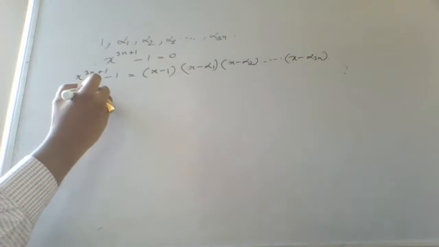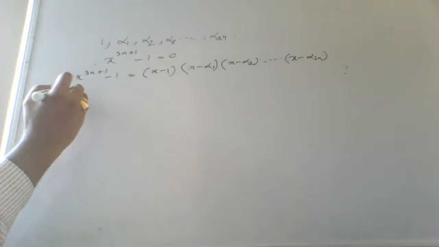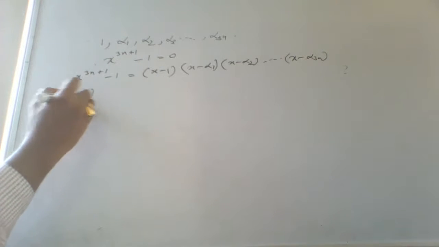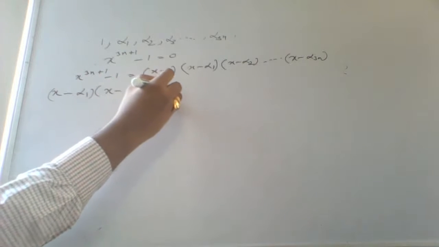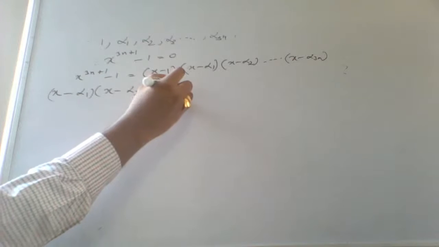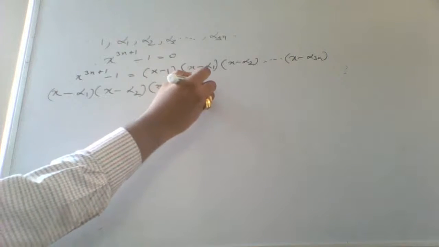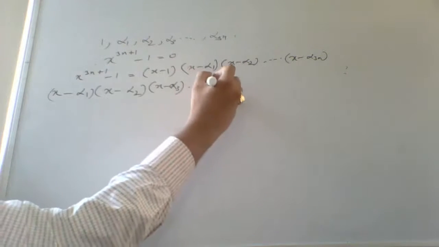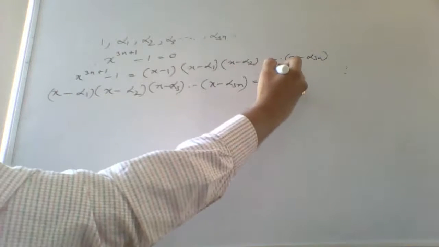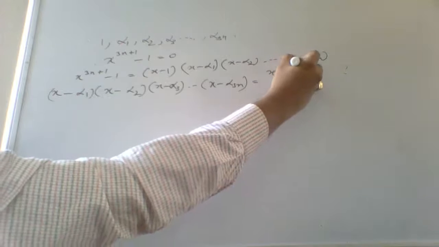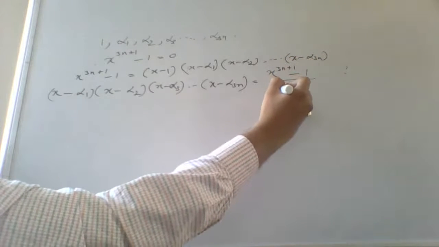Now if I take it to the other side, I get x minus alpha 1, x minus alpha 2, x minus alpha 3, and x minus alpha 3n, which is equated to x to the power of 3n plus 1 minus 1 divided by x minus 1.